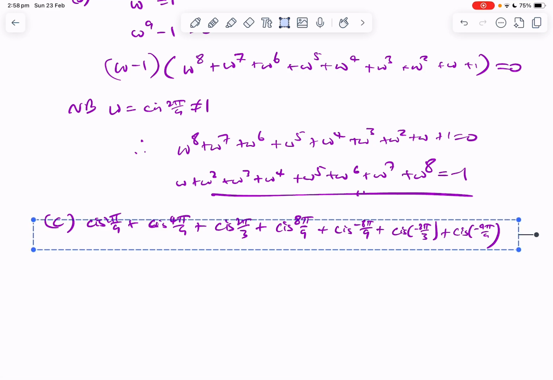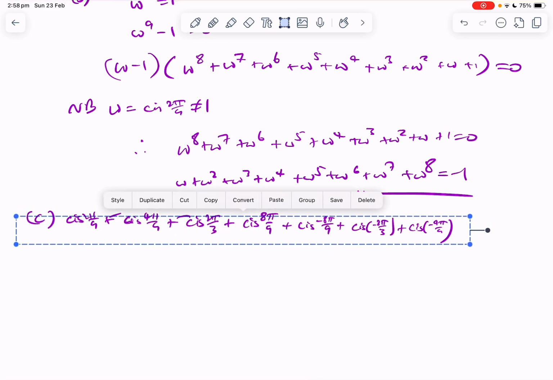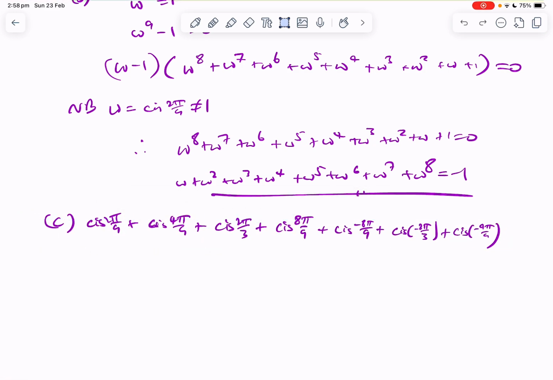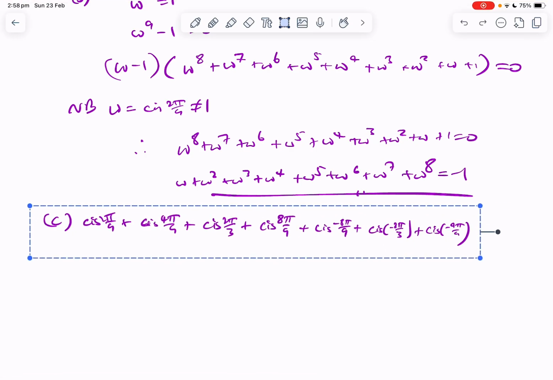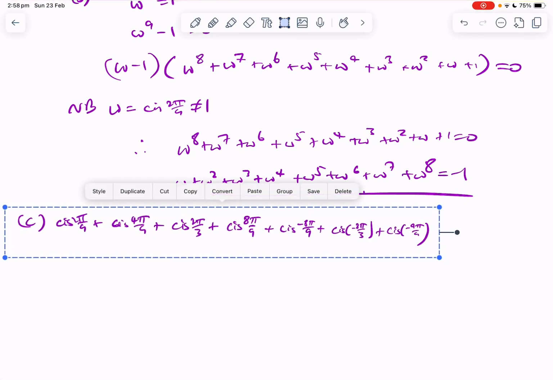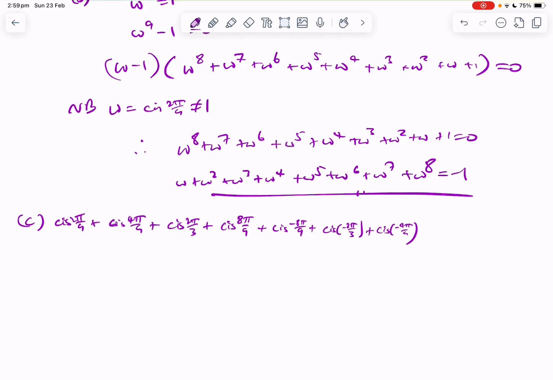You always run out of space when you're doing these, but when you're doing them on the computer, you have the advantage of being able to shrink things slightly. So we've finished 14, so we've got up to 16. 16 pi on 9 is going to be the cis of negative 2 pi on 9.